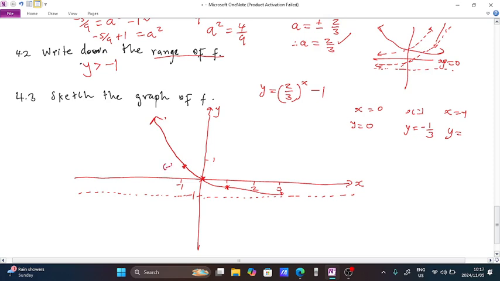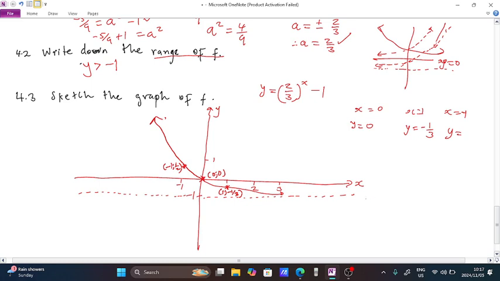Here you said (-1, 1/2). Then what are the coordinates here? (0, 0). Then what are the coordinates here? (1, -1/3). Then that is your graph, and then you get your marks.